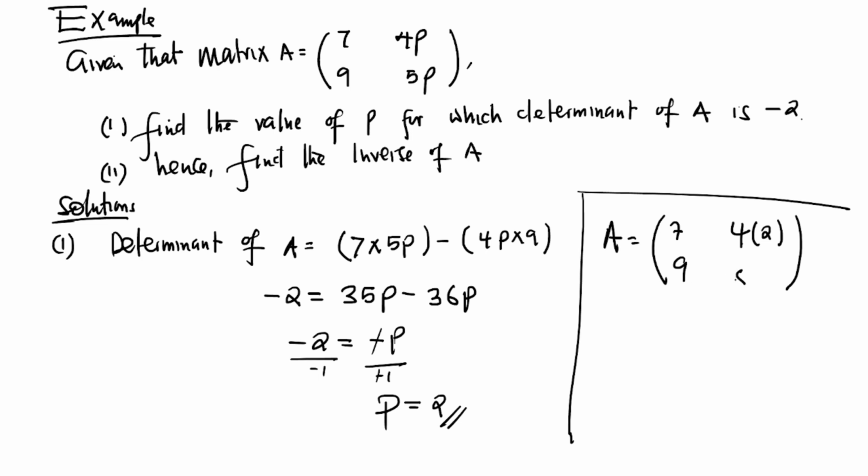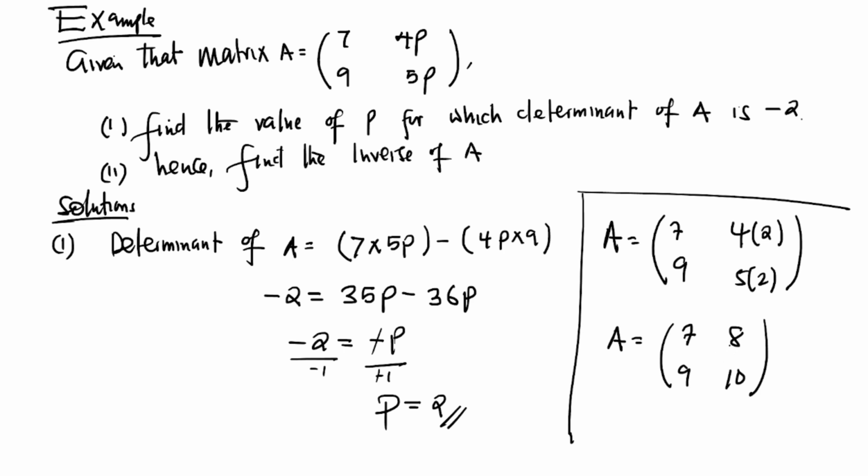Then here it will be 5 multiplied by the 2, which is the p. So matrix A in general is equal to 7, 9 here, and 2 multiplied by 4, that's going to be equal to 8. 2 multiplied by 5, that's going to be equal to 10. So that is your matrix.